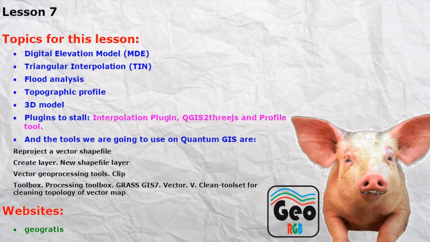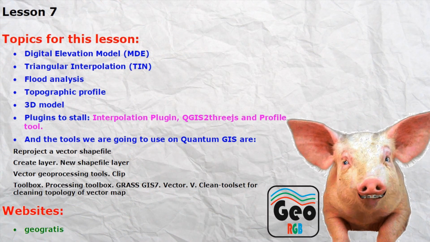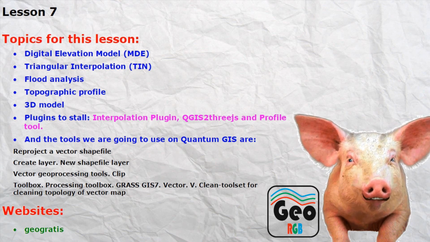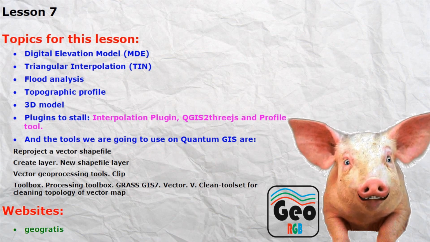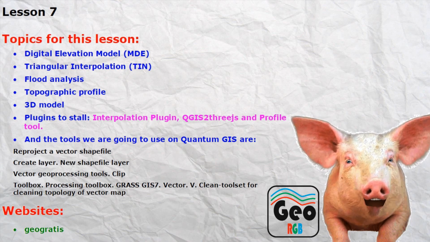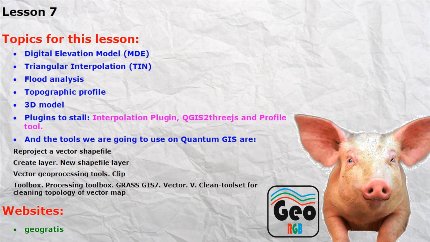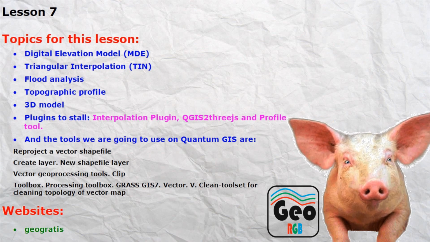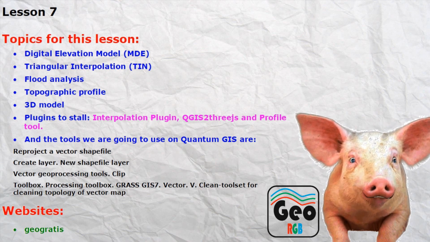This is lesson 7, and the topics for this lesson today are going to be Digital Elevation Model, DEM, Triangular Interpolation, TIN, Flood Analysis, Topographic Profile, 3D Model. Plugins to install: Interpolation Plugin, QGIS2threejs, and Profile Tool.